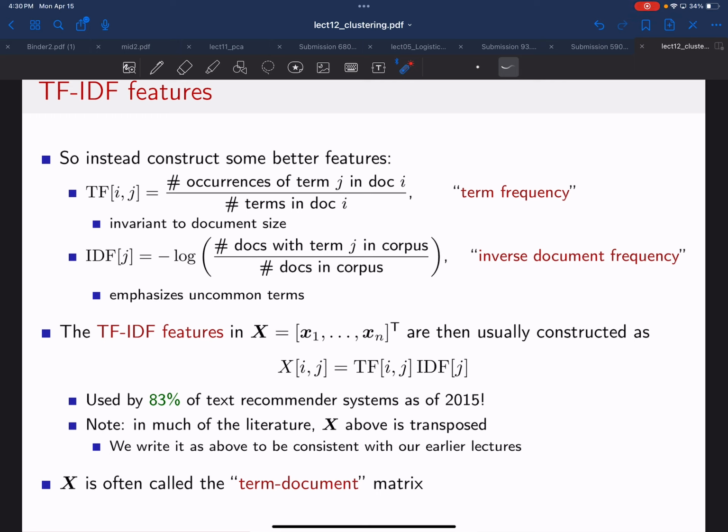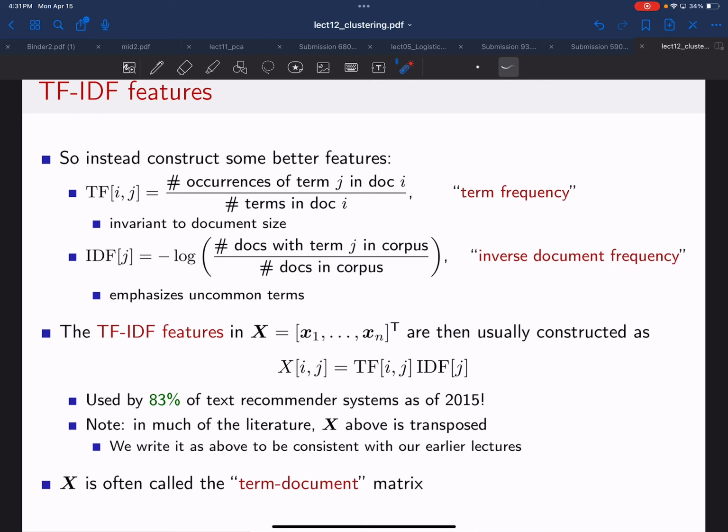Okay, so the second thing is this inverse document frequency. If we look inside the log, you can see we have a ratio of the number of documents with term J over the number of documents. If you fix the term here, you can see that terms that are very common in many documents will have a larger value here. Terms that are very unique to one document will have the smallest possible fraction.